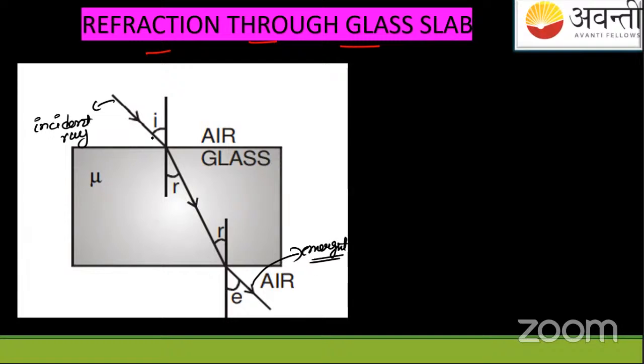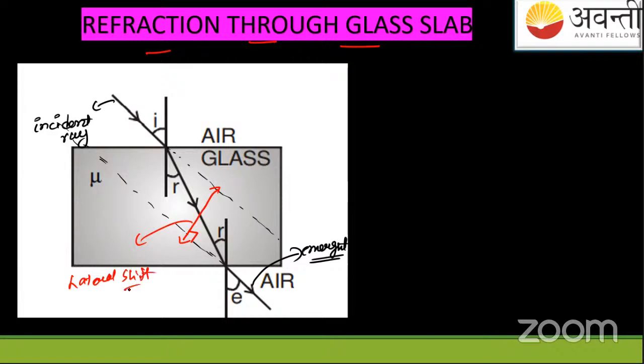The perpendicular distance between both of these rays, suppose it's like this, is basically known as the lateral shift.